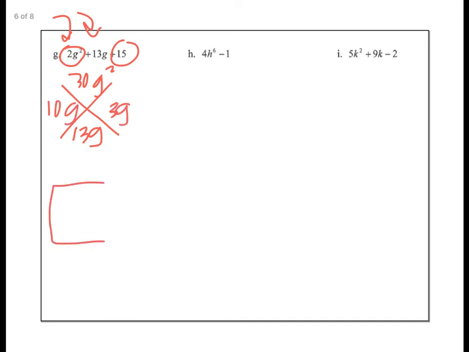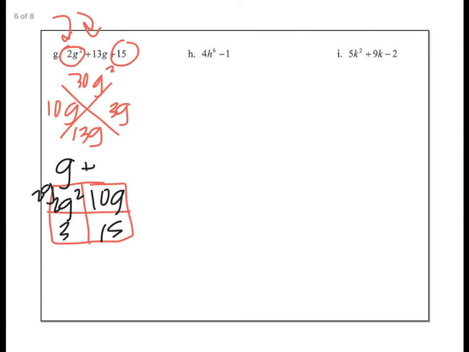And then I would work my box. So I have 2g squared, 15, 10g, and 3g. So now I'm trying to think about with my 2g squared, I have to have a 2g somewhere and a g. I'm going to put my g here and my 2g here.